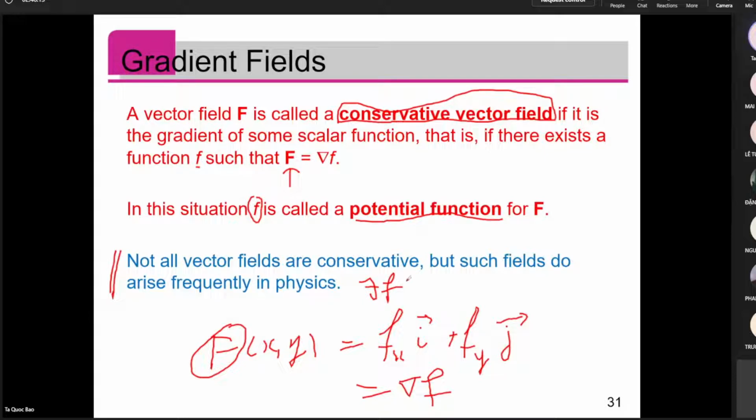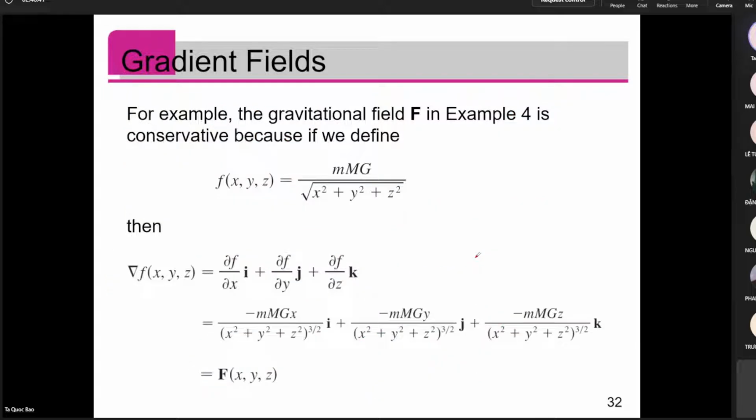So in case we are given a vector field and we can find a function f such that the gradient of small f is exactly equal to the vector field, therefore we call the vector field a conservative vector field, and the function f is a potential function for F.